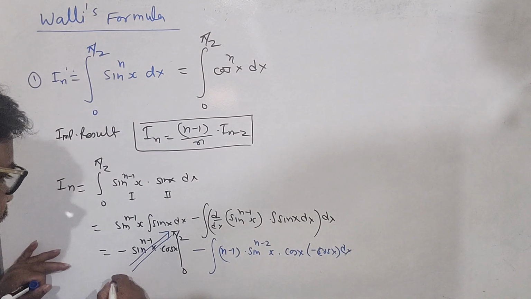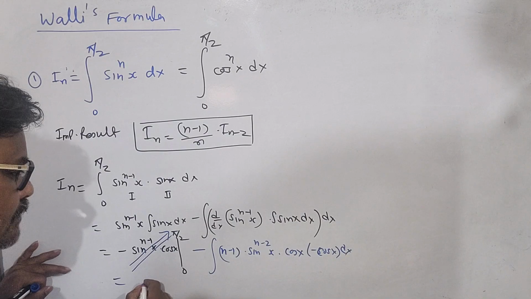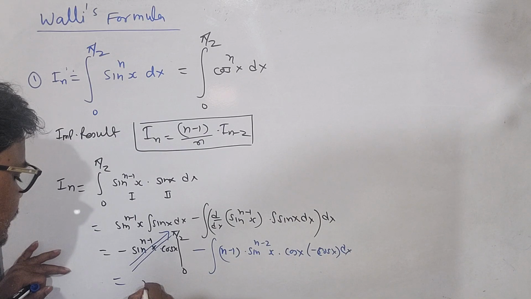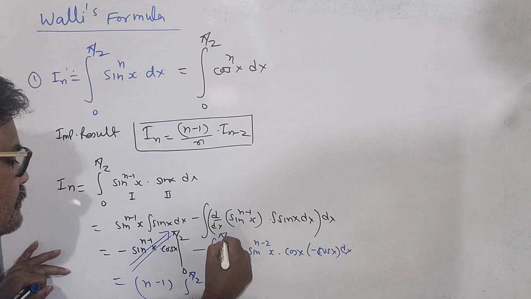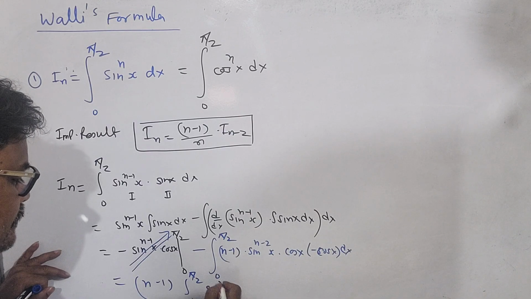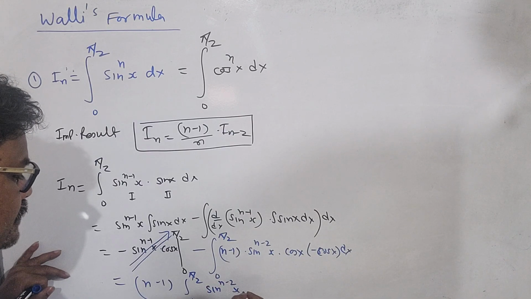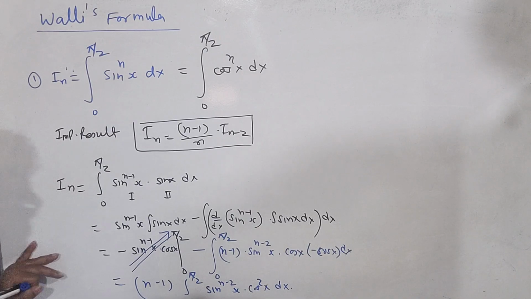So from here we have this minus and minus here plus. So this is n minus 1, n minus 1 I can take outside, and this is integration from 0 to pi by 2. So this is sin to the power n minus 2 into cos square x dx. Correct.